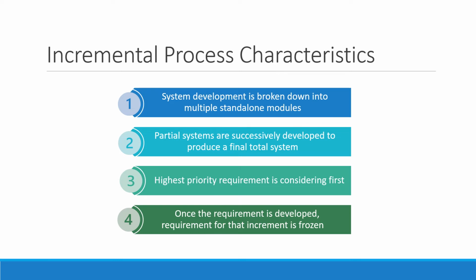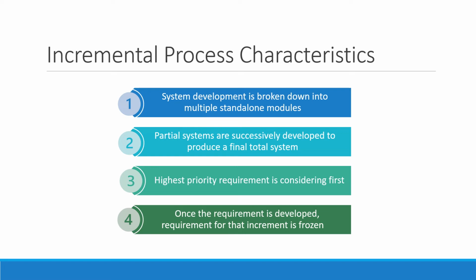Now, let's look at a few of the characteristics of the incremental model and why it is so popular. First, the software to be developed will be broken into many stages, and hence there will be many sub-projects for the software. Second, the partial systems that are developed will be combined to get the complete objective of the software.